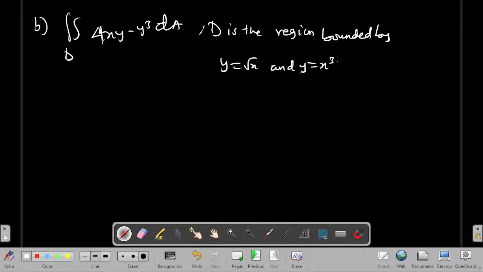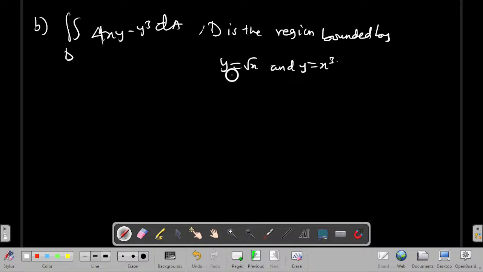So see this problem. Find the double integral over region D of 4xy minus y cubed dA, where dA is dx dy or dy dx. You have to specify. Then D is a region bounded by y equals square root of x and y equals x cubed. As beautiful as that.